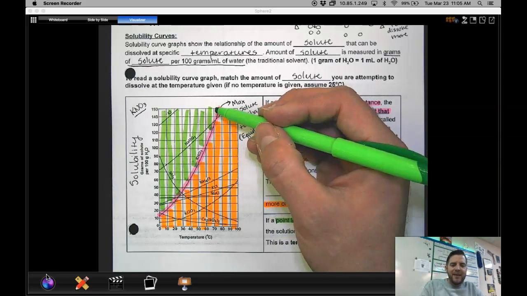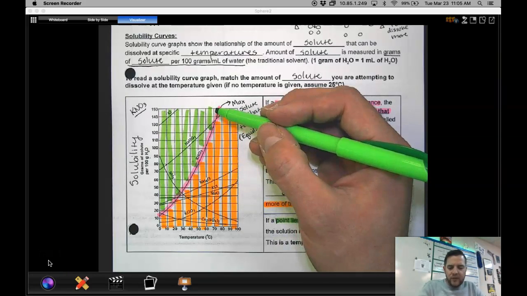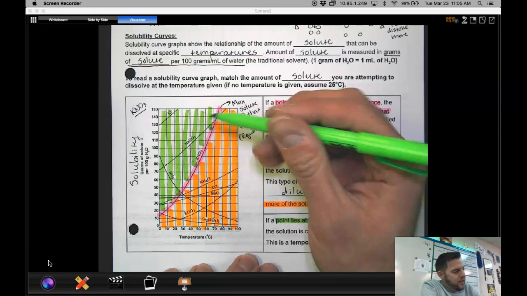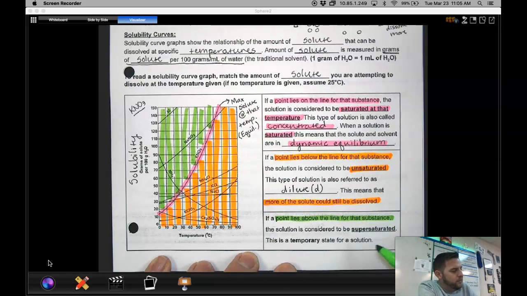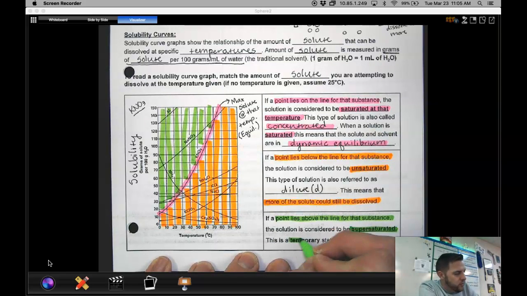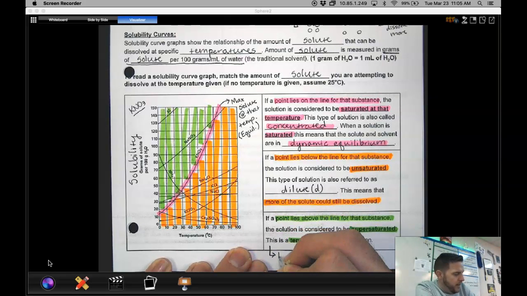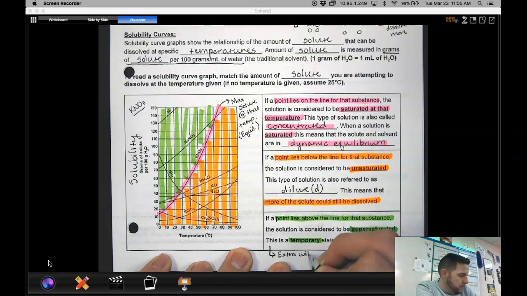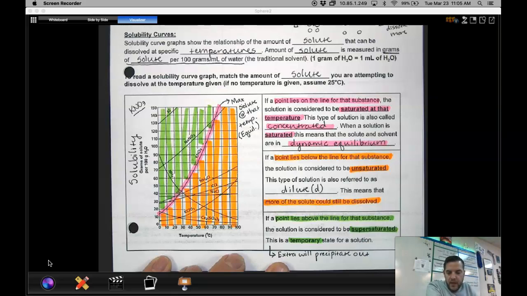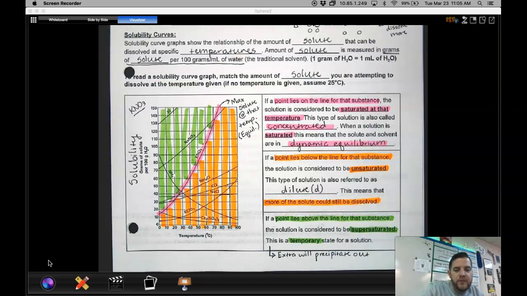Anything above that is not going to dissolve. And so what we're going to see is that if a point lies above the line for the substance, it would be considered a supersaturated solution, which is temporary, and any extra will precipitate out.